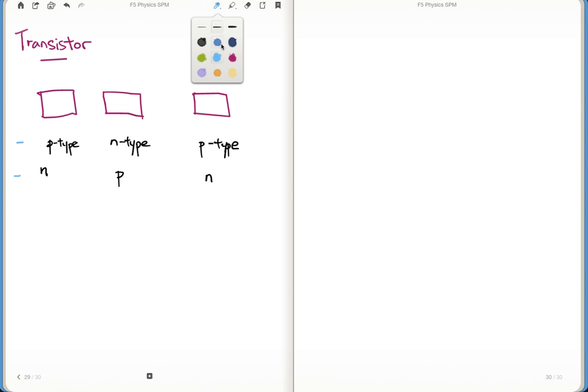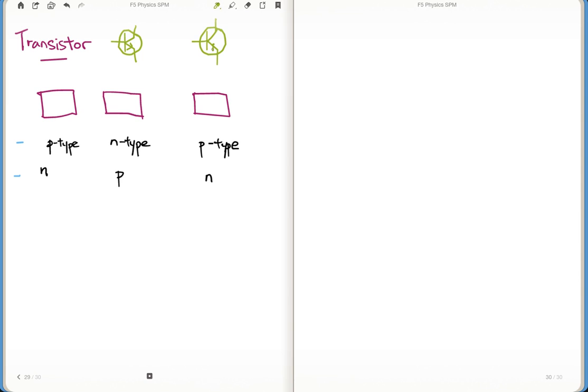In your reference or workbook, the symbol for a transistor should look like this. We have an arrow and a circle. Either the arrow points out, or in some questions the arrow points in.